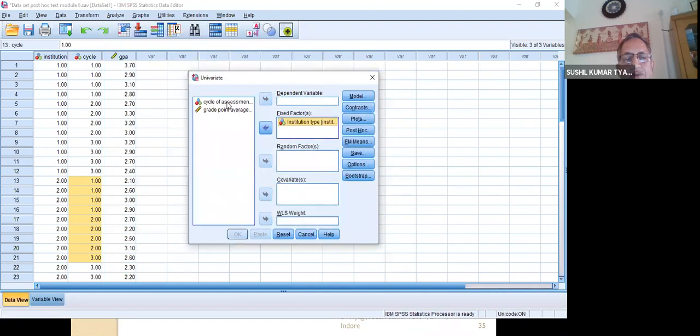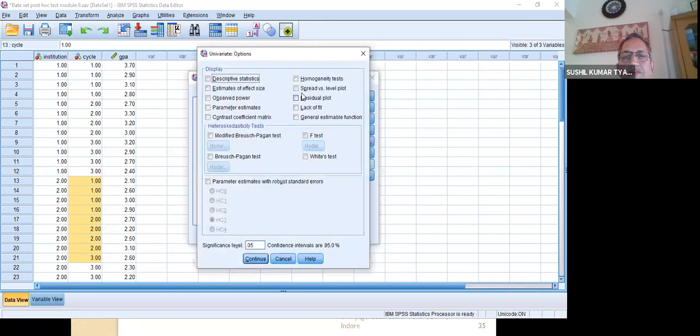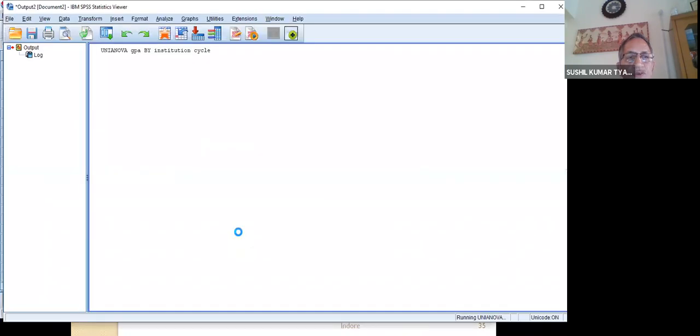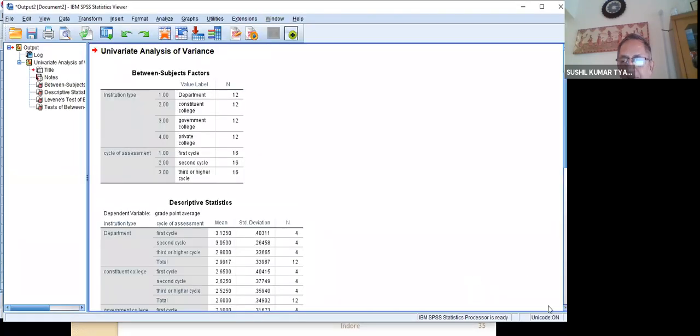Put this in fixed factor, grade point average in dependent, and under option we have homogeneity, descriptive, and estimate of effect size. Now let us check whether all these three are significant or non-significant, whether they need to be followed up or there is no need to follow up.